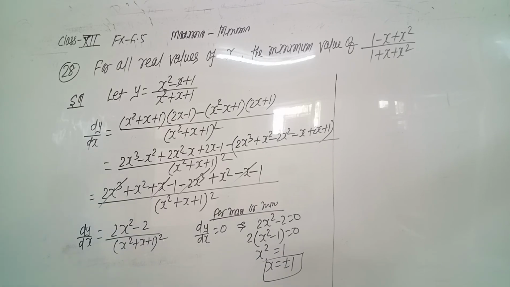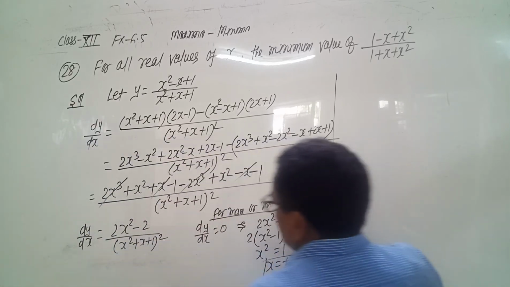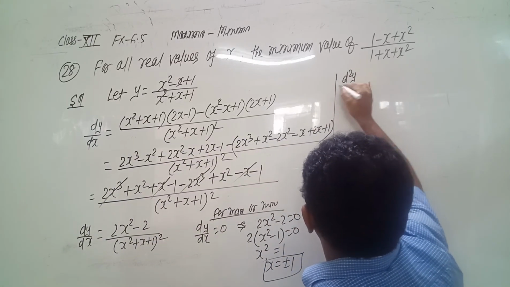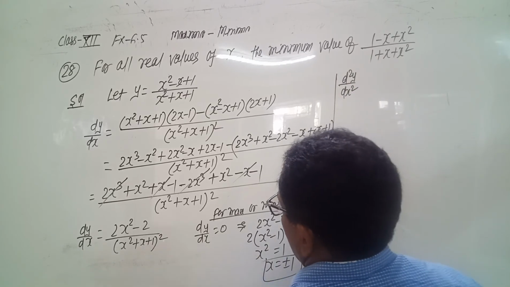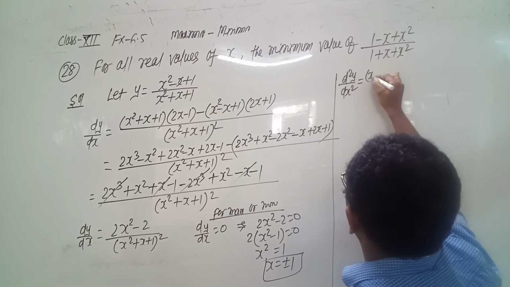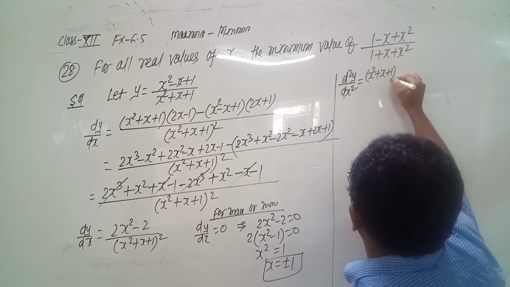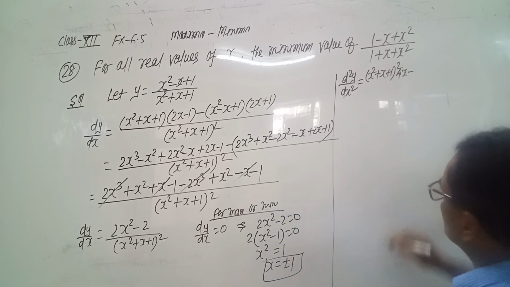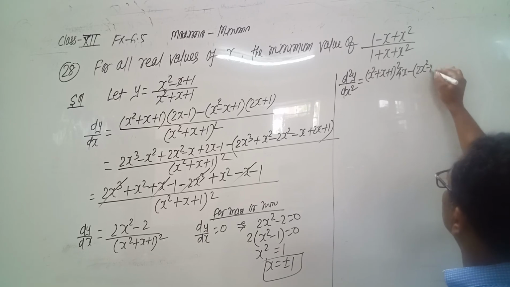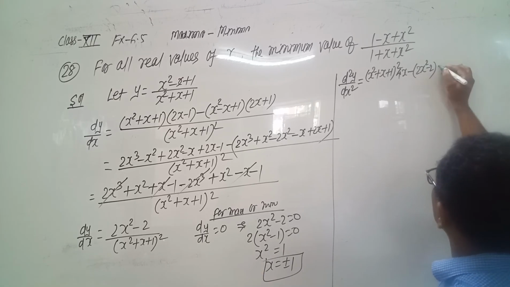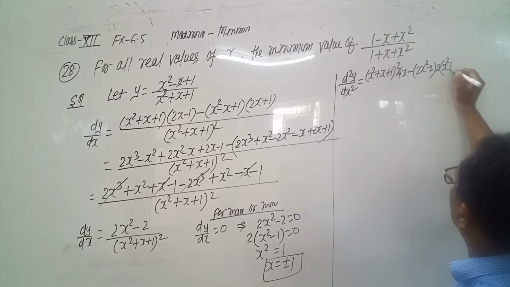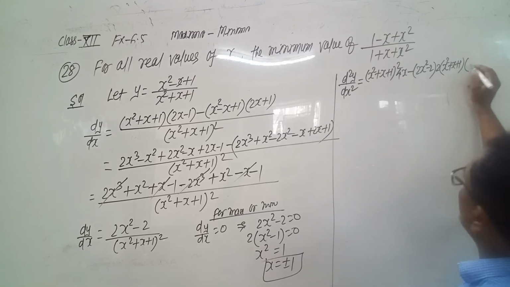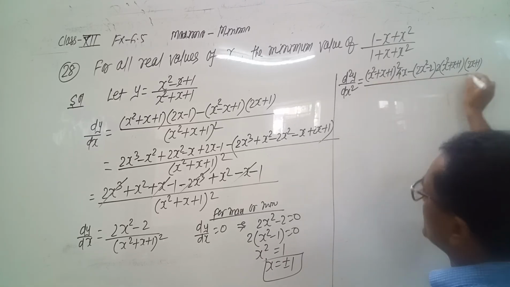It will be differentiated again in the form u by v. So d2y by dx square: x square plus x plus 1 the whole square and differentiation of 2x square minus 2, which is 4x, minus u, 2x square minus 2, and differentiation of v is 2 times x square plus x plus 1 and 2x plus 1, upon v the whole square.